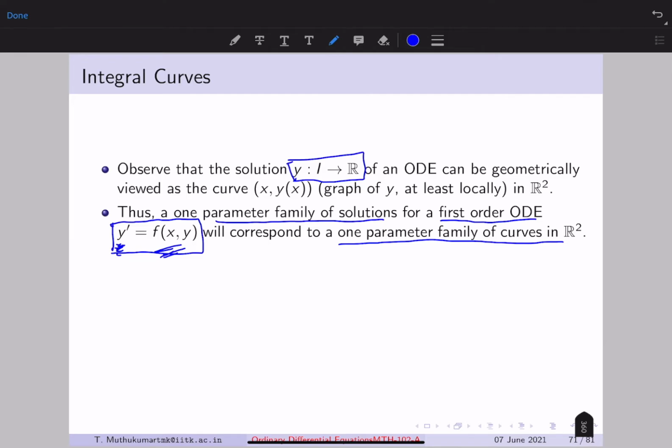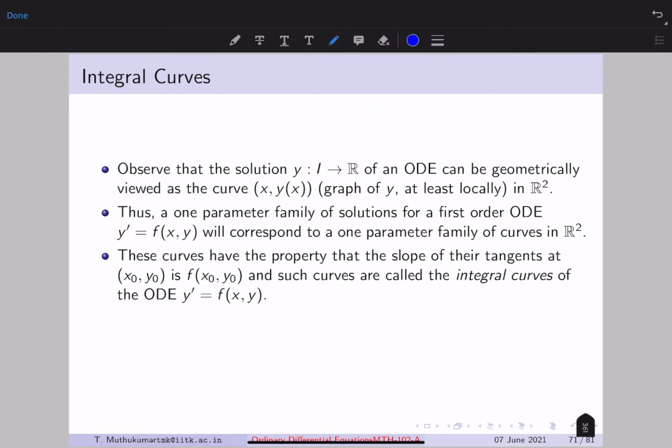So if y is unknown, what is y prime? Y prime is the tangent to that curve y. So what is given to you is some information about the tangent of the curve that you want to find, whenever you take an ODE of this form. What is given is some information on the tangents of the curve at every point.